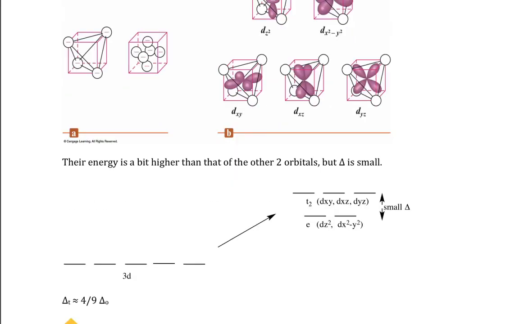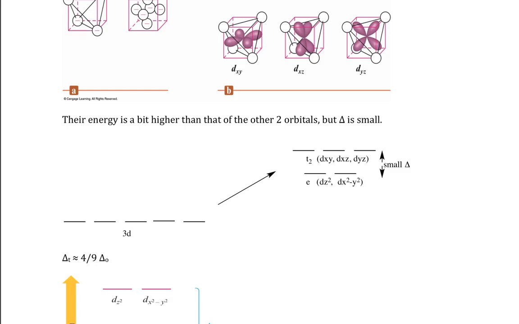So if we look at the 3d atomic orbitals being degenerate, and then the ligands coming in and causing the splitting, we have this splitting here. The upper 3 in the tetrahedral complex we call t2, and the lower 2 we call simply e.